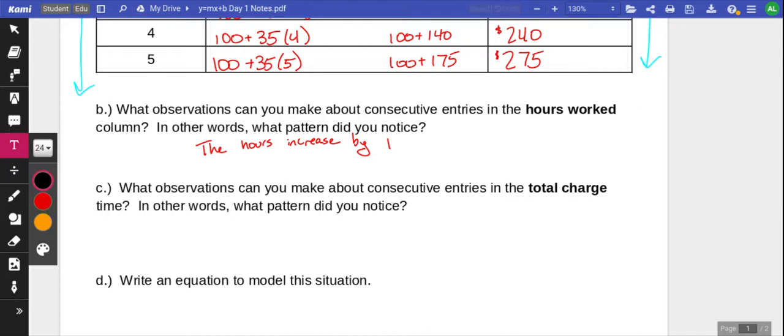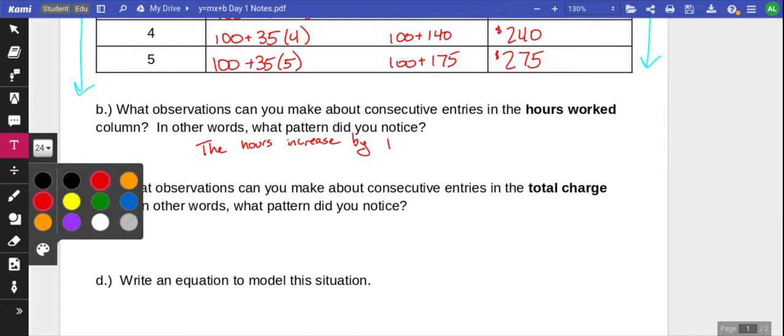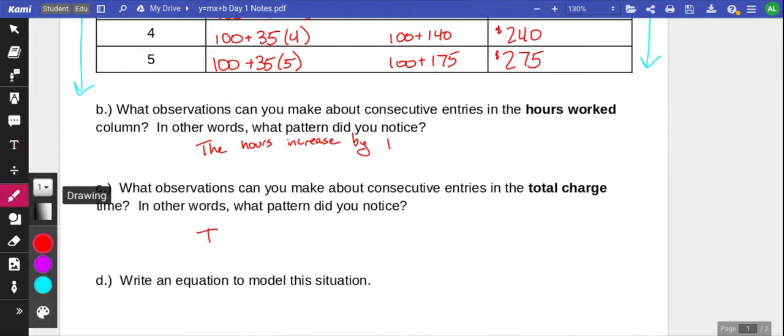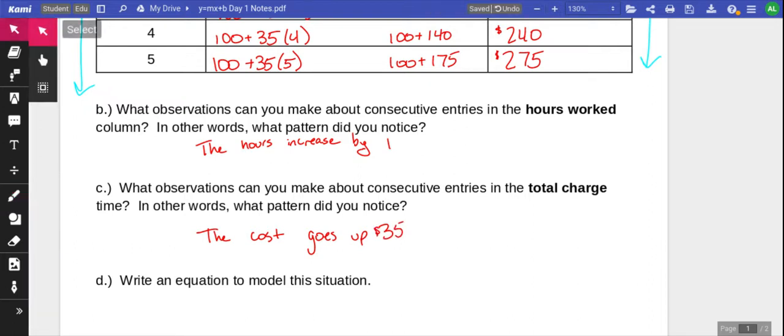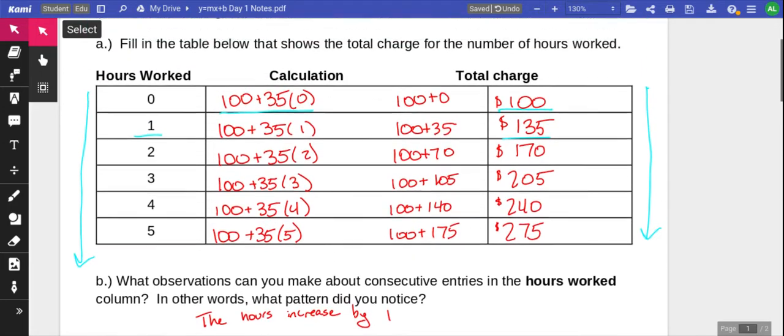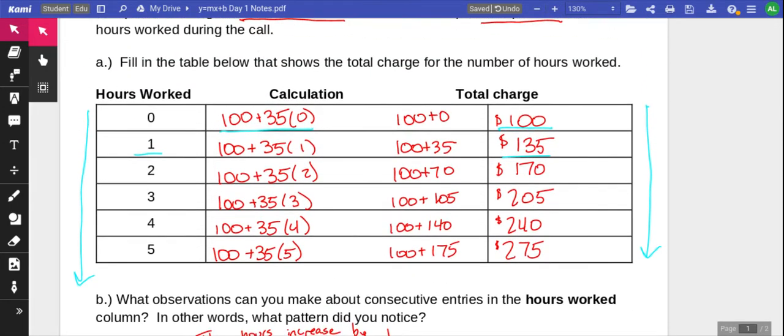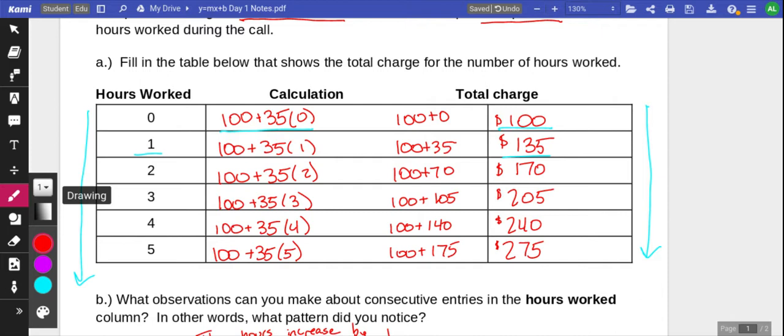The cost goes up 35. Right, and it just asks us those. Not every question is going to ask us that, but it wants you to notice that as we go through, as these hours increase, the total is also going to increase at a certain rate.